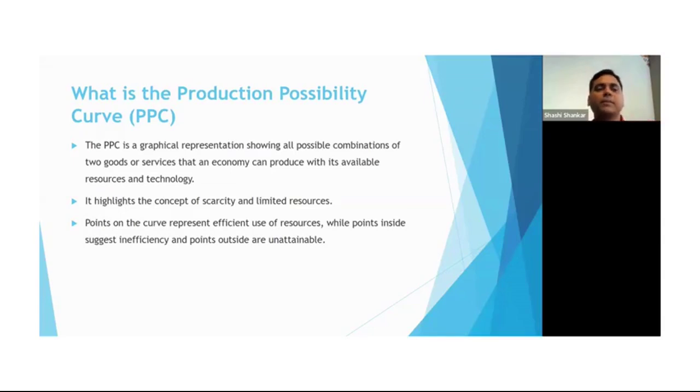So basically the production possibility curve depicts efficient use of resources, inefficiency and unattainable points.